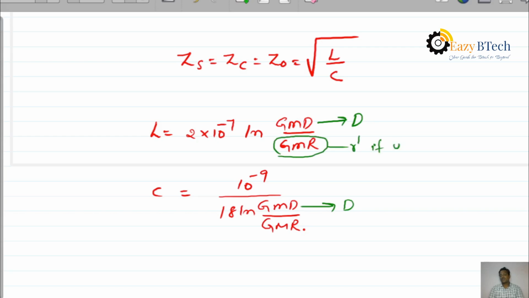If you neglect internal flux linkage for simplification, this R dash becomes R. Obviously there is no internal flux linkage in capacitance calculation, therefore GMR equals R. In both cases we are taking GMR as small r, the radius of the conductor.